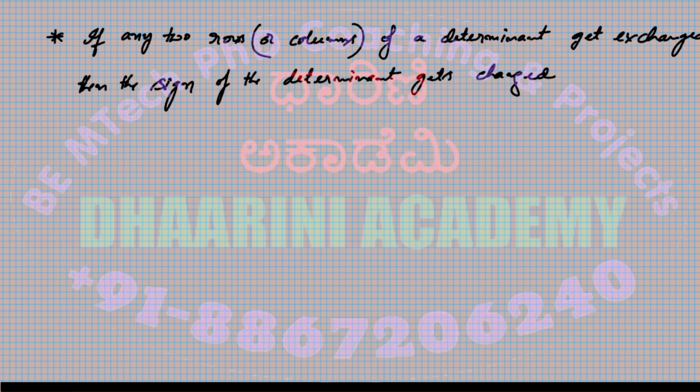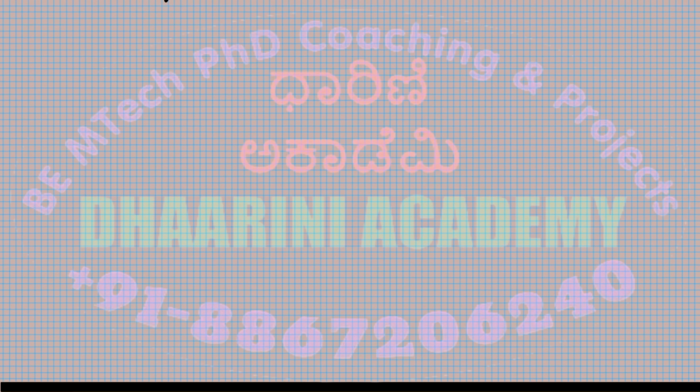So if you have a positive value, it becomes negative. If you have negative, it becomes positive. This is true for row exchange as well as the column exchange.